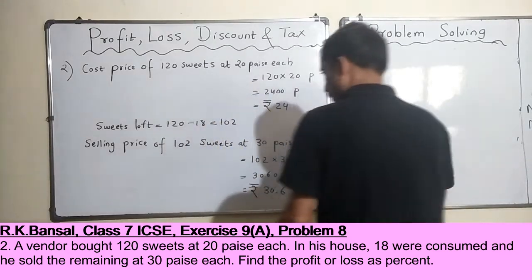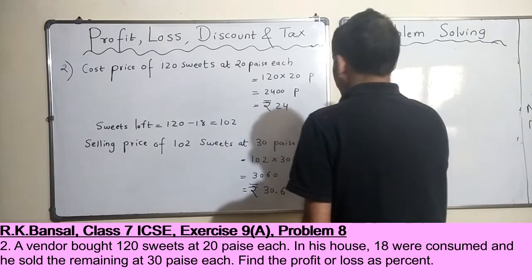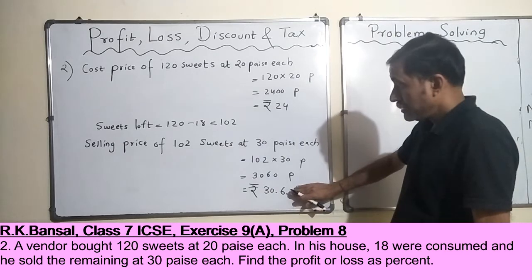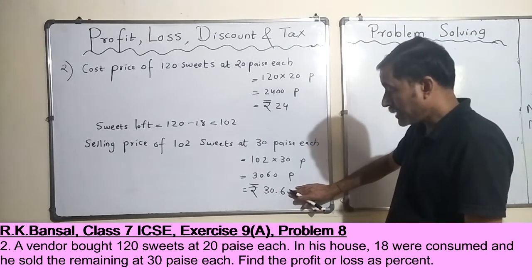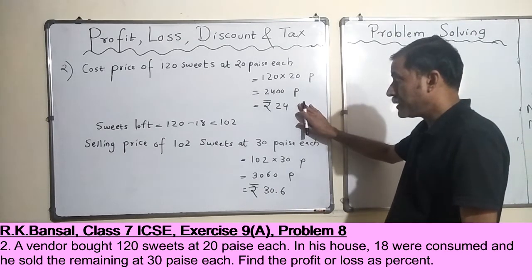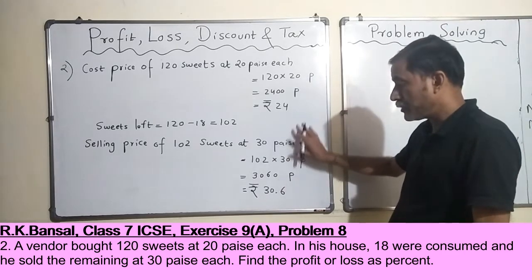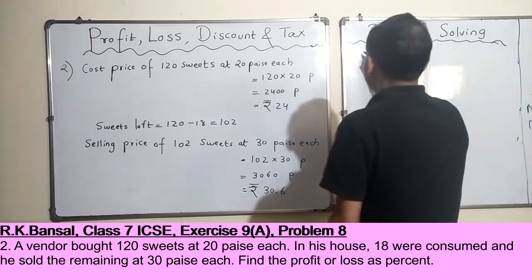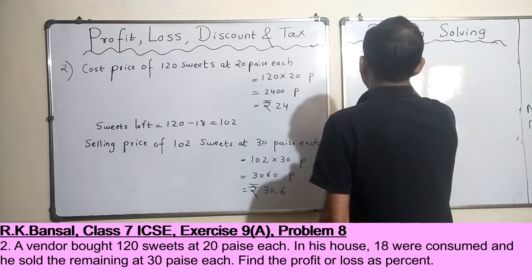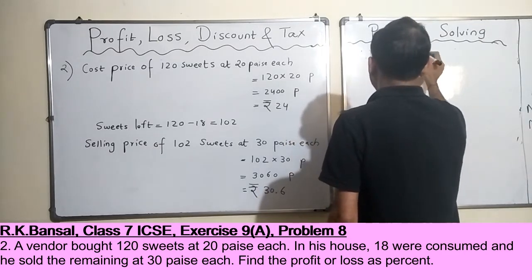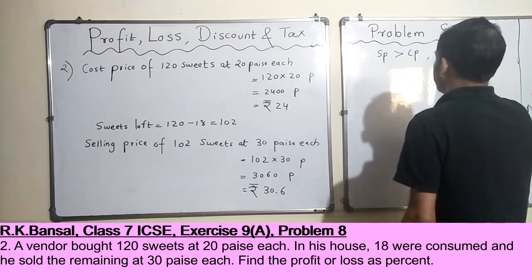Okay, now is there a profit? He sold at 30.6 but he bought it at 24, so definitely there is a profit of 6 rupees 60 paise, right? Since SP is greater than CP, okay, a profit was made.